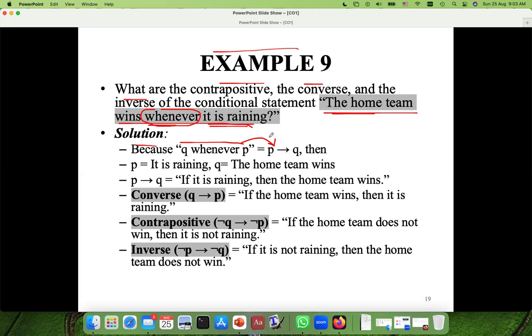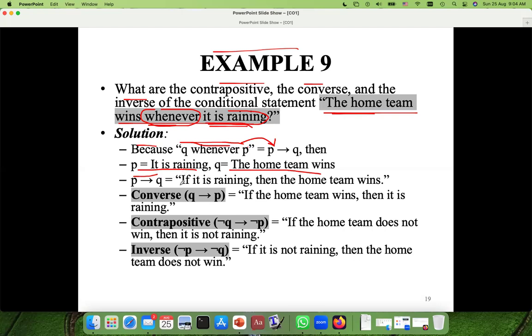Then, according to this, the second sentence is P. So P is: it is raining. And Q is the other sentence: the home team wins. So we have identified what P and Q are now. I am now converting it into P implies Q. That is not needed, but for easiness you can do that and then everything will be clear to you. So P implies Q is what?